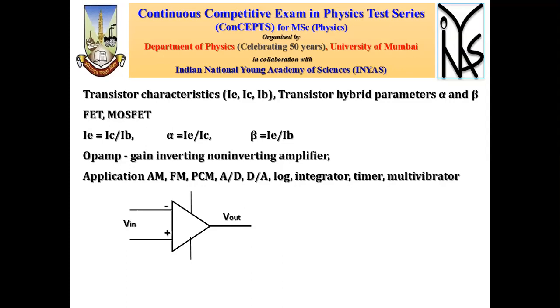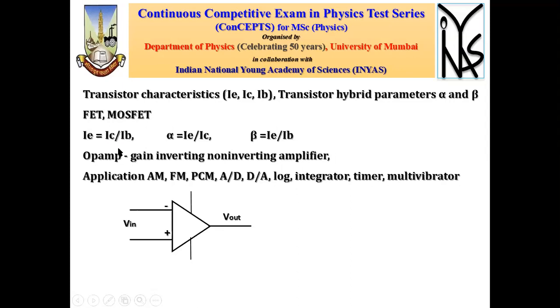So alpha is the ratio of emitter current to the collector current, and which is a very small value, because in practical concern, the IE is actually total. Sorry, I made a mistake in writing IE. The equation is wrong. IE is the total current, IC plus IB.